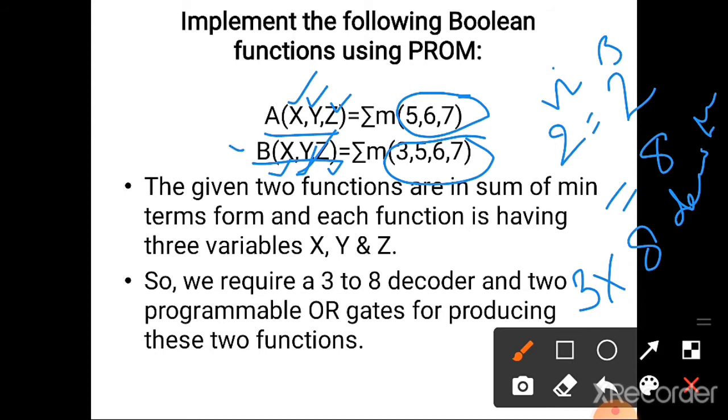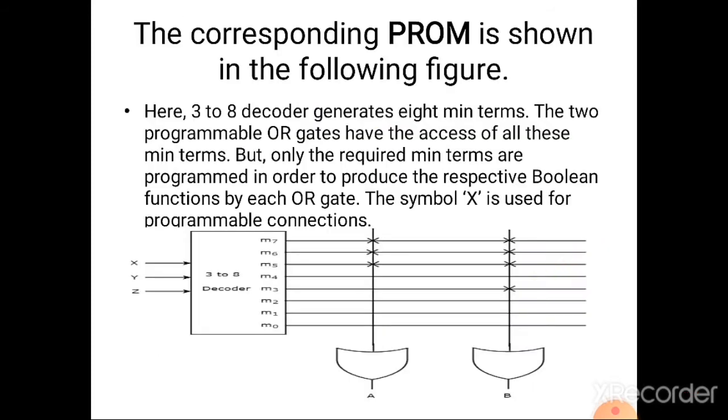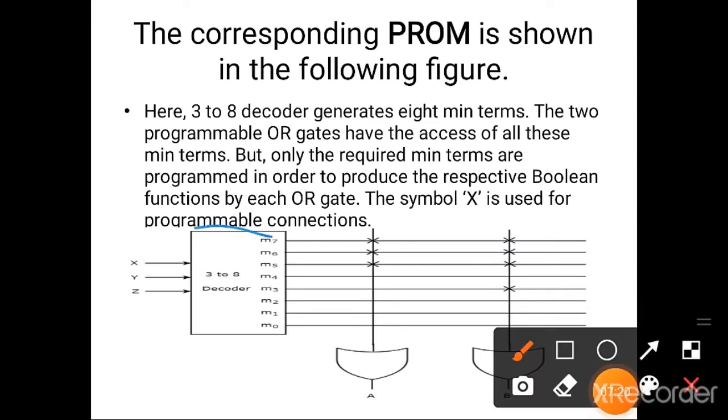There are two functions, so we are using two programmable OR gates to produce these two functions. And this is the 3 to 8 decoder.